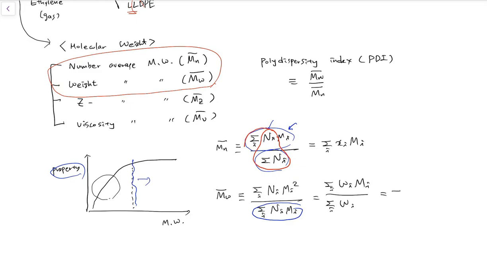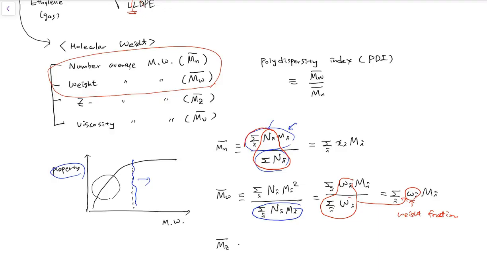Or if you denote small wi as the weight fraction, then we can write it in this way, where this part is basically small wi.